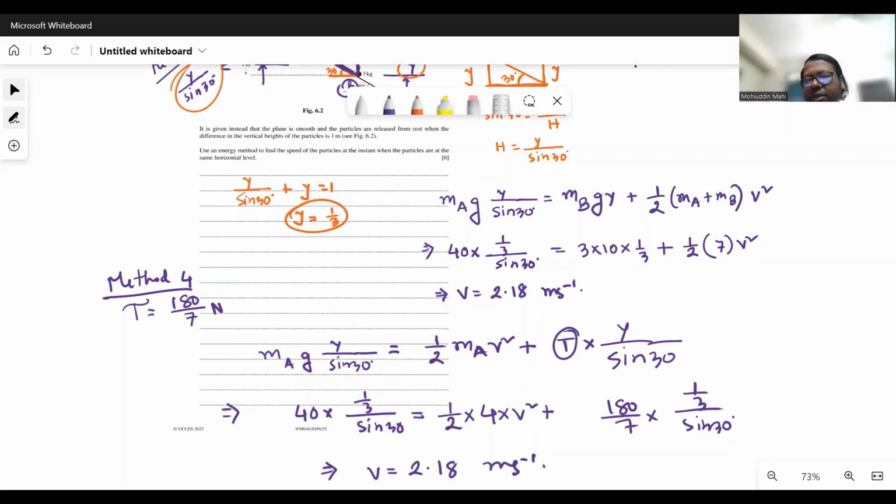So these are the 4 methods by which you can solve the question, and you may ask: why do we need to learn 4 methods? Why is 1 method not enough? Now, 1 method is definitely enough, but if you try to understand the 4 methods, you will be able to understand a lot of things just by solving 1 question.